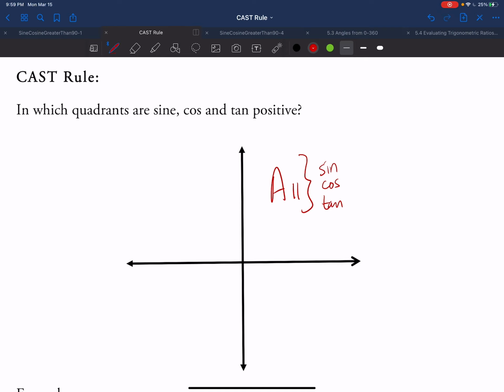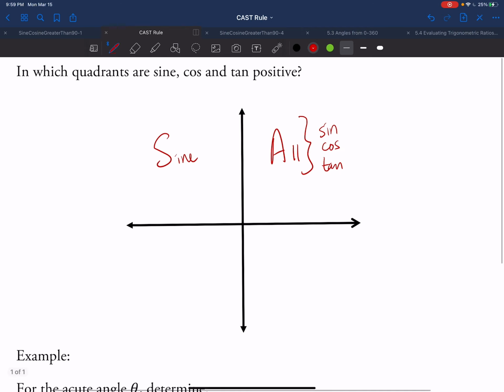But only sine is positive in the second quadrant, only tan is positive in the third, and only cos is positive in the fourth. So this is called the CAST rule.